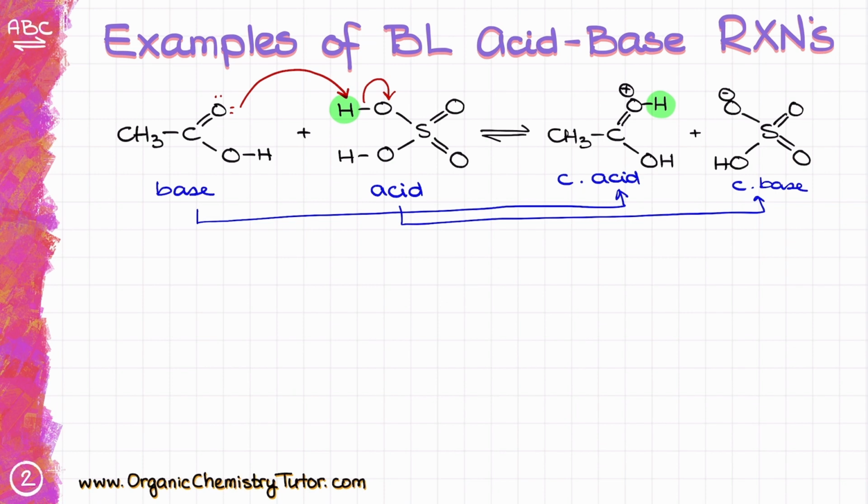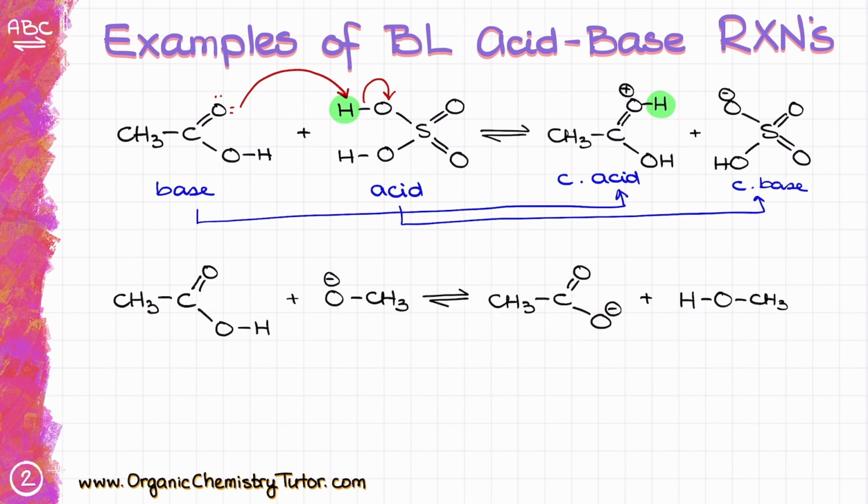Now, let's look at a slightly different example. In this case, I again have a carboxylic acid reacting with a different species. But now, if I pay very close attention to what's going on with my proton, I used to have a proton on the carboxylic acid, and now this proton ended up on my methoxide, making a methanol molecule.